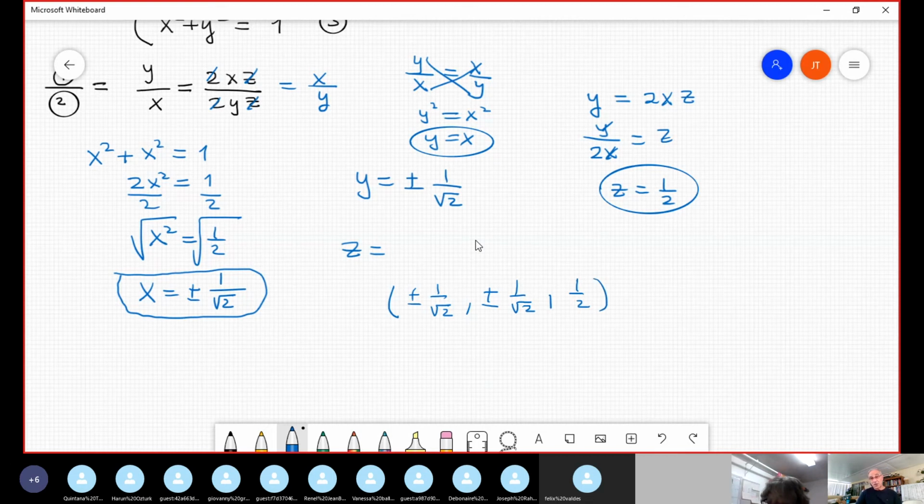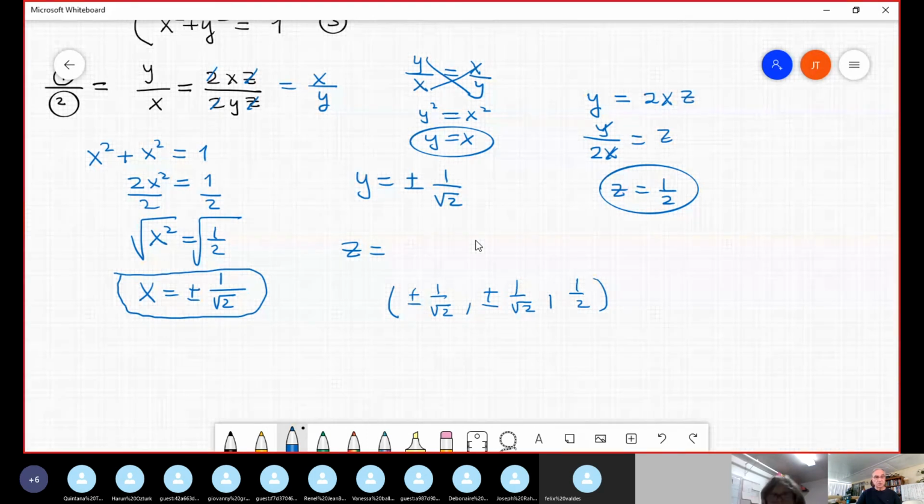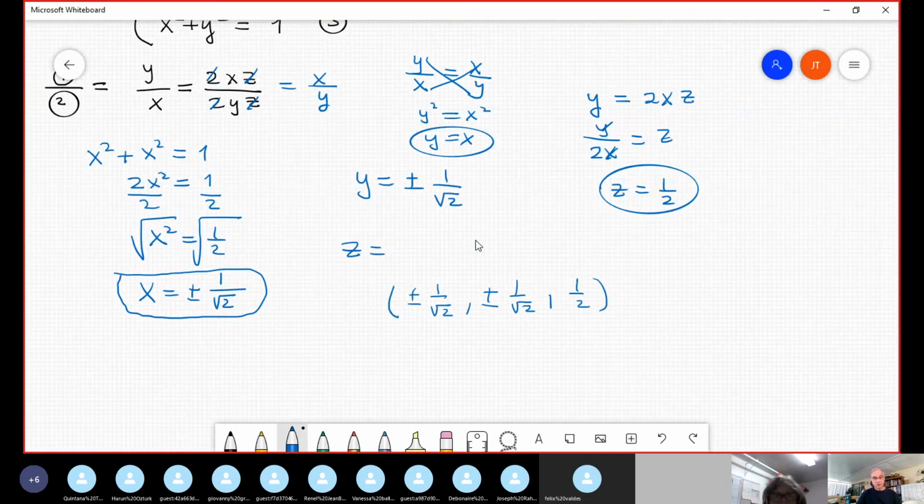You can separate them if you want: you put a positive, you put a negative, you put a combination of positive and negative. But actually, we have 4 ordered triples in the 3D space.